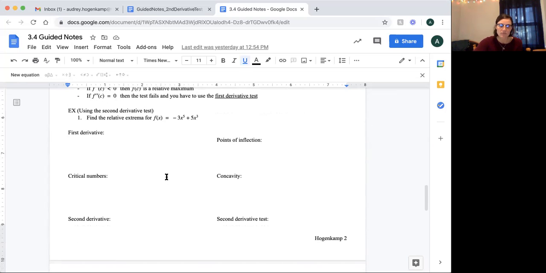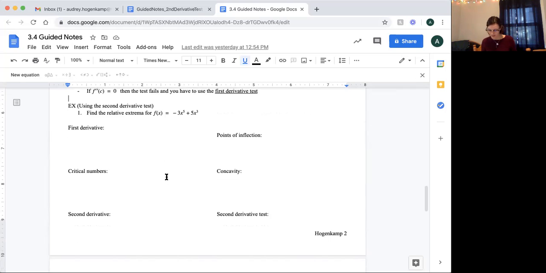So here's an example of using the second derivative test. Find the relative extrema for f of x equals negative 3x to the 5th plus 5x cubed. First derivative, f prime of x equals negative 15x to the 4th plus 15x squared.